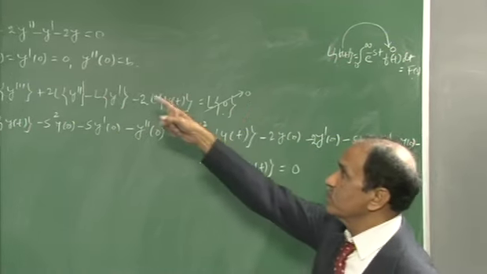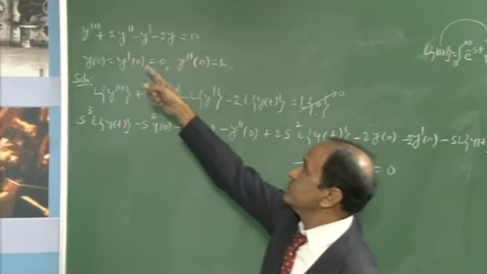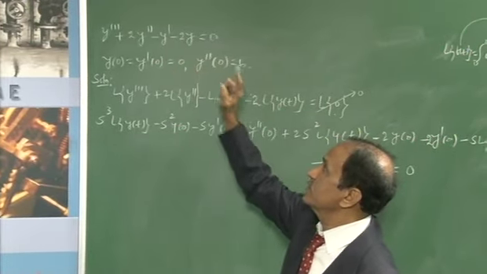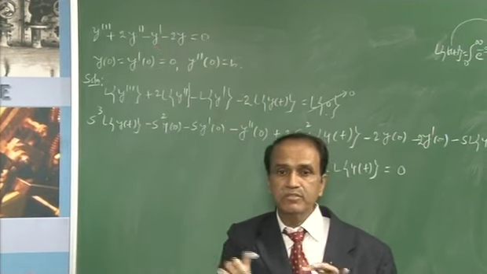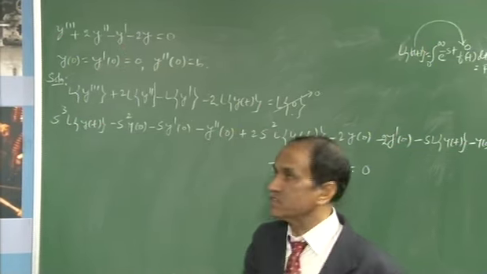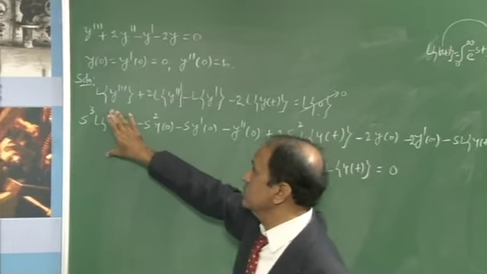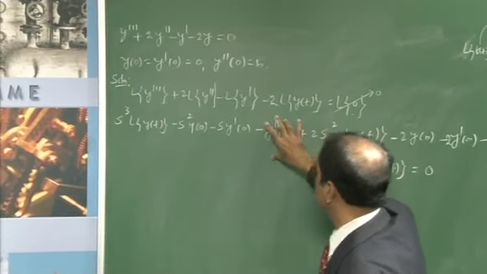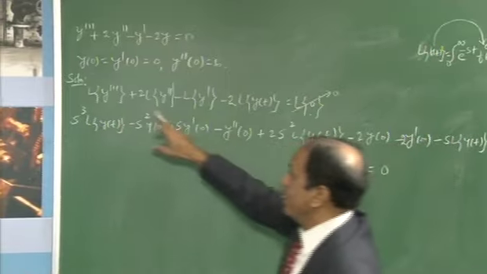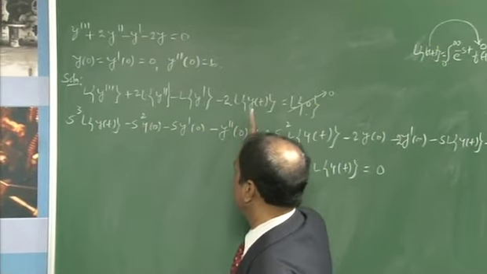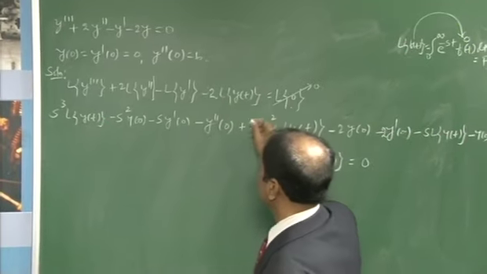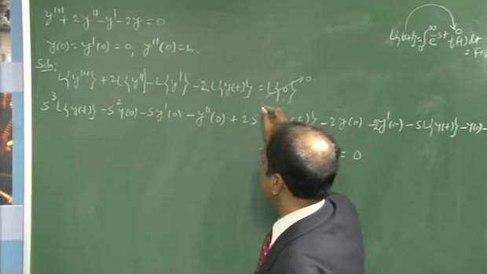I repeat, the application of the transform of derivatives applies to all the terms in this problem. It consists of 4 terms: one is the third order derivative, the next is the second order derivative, the next is the first order derivative, and the next is without a derivative. Then for each individual term you have to apply its corresponding expression. If I put the floor bracket, I think it is better.